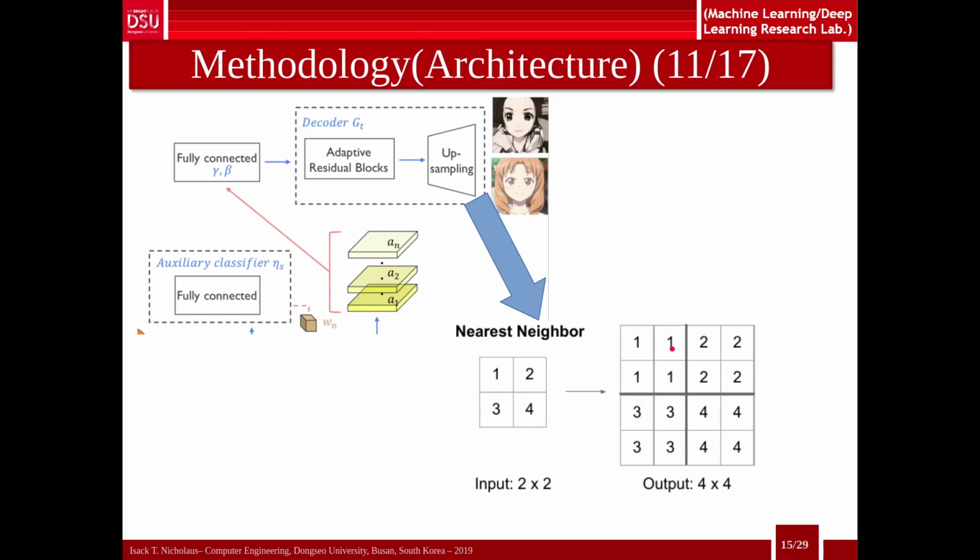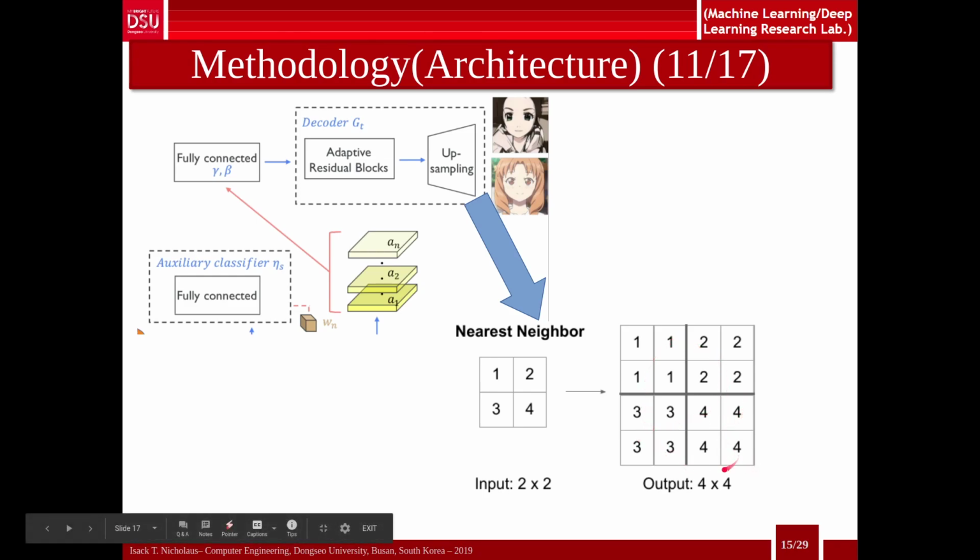We'll try to duplicate this value, for example 1, at the top, at the left, and then diagonally. We'll surround it with the same pixel, believing that these neighbors will follow this pixel, and 2 will likewise be placed at the top, right, and diagonal, and the same for 4 and 6.